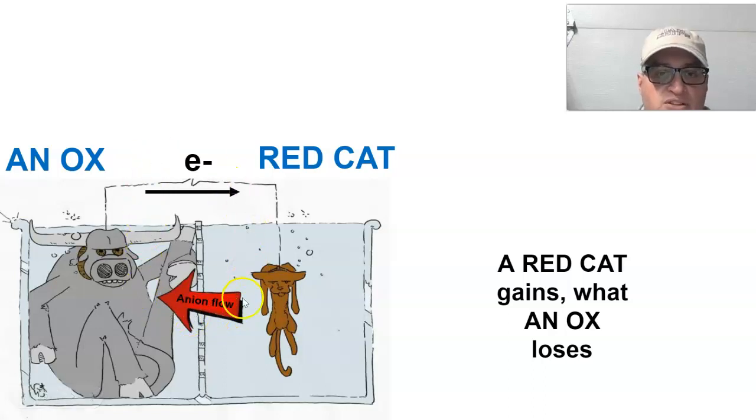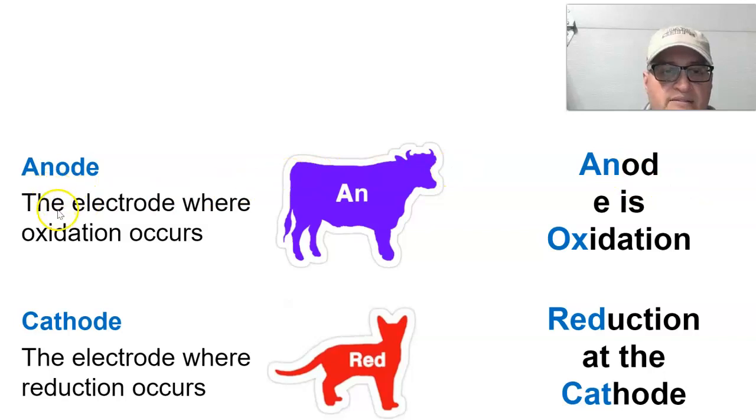Anion flow goes in a circuit, a cycle. So of course, if the electrons are going from the anode to the cathode, some kind of anion is going to need to flow in order to balance the charges. Again, anode is the electrode where oxidation occurs, an ox, and cathode, red cat, is the electrode where the reduction occurs.